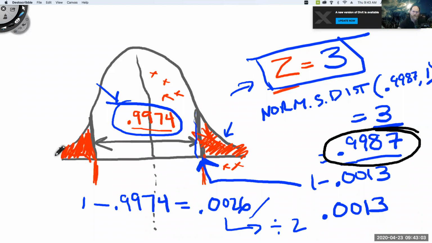I suppose you could do it here. It doesn't make a difference. If you did it for this tail, you're going to get a -3. You just can't use that in these formulas. And the reason that you've got to use a positive value for 3 in these formulas is because the formulas are built on a plus and minus system.